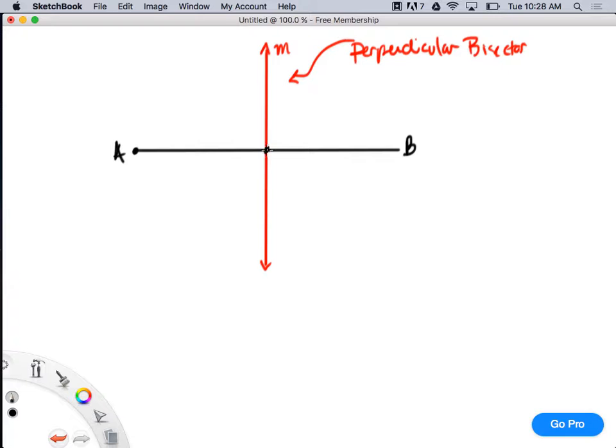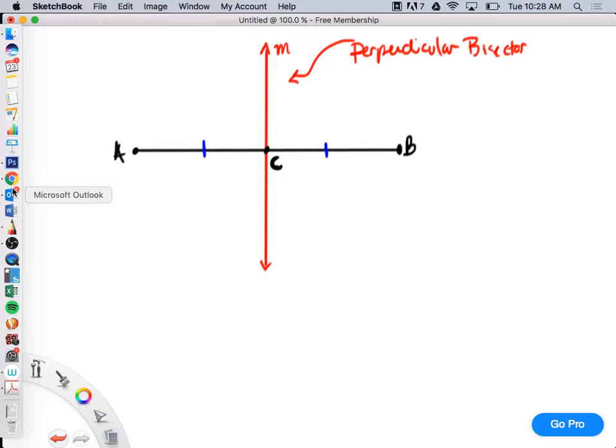So if it intersects at this point, we'll call it C. Then what do I know about line segments AC and BC? They're congruent. So I can show that like this.